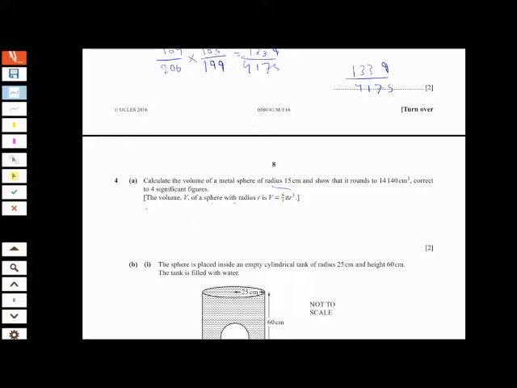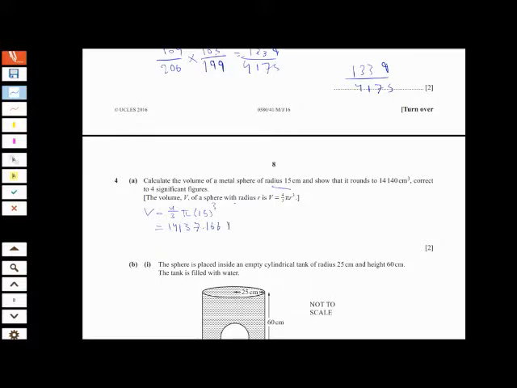Now volume equals 4 over 3 pi r cube, r is 15, so 15 cubed, and that would give you 14137.1669.